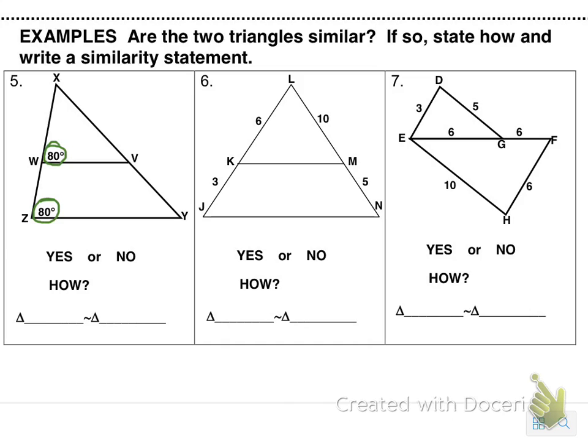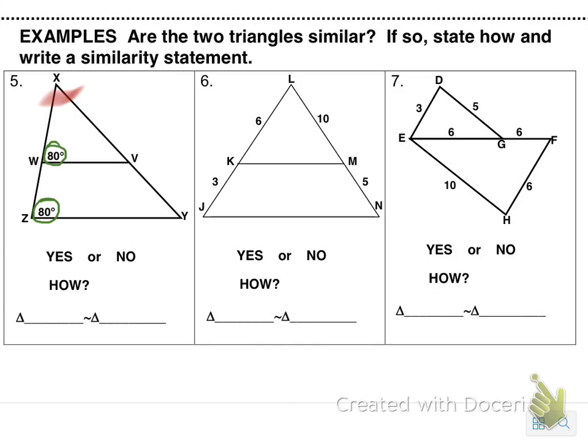But notice there is also an angle there at X that is an angle in both triangles. So we can use what is called the reflexive property, that something is equal to itself.